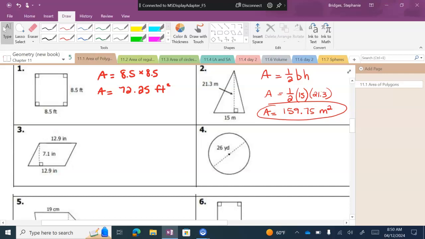What shape is this? Parallelogram. And the formula for area of a parallelogram is base times height. What is the base in this picture? And what is the height? Okay, so then I just go to my calculator.